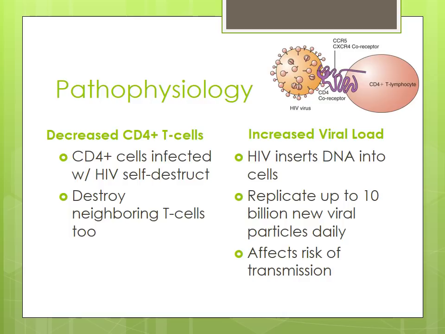In healthy cells, what they do is they alert other immune cells in our body to pathogens. So they're kind of like the town crier. Because the HIV virus attacks these cells, the immune system basically becomes useless.